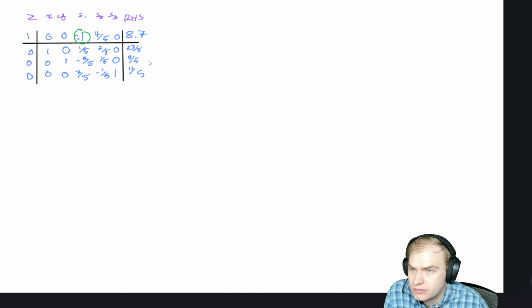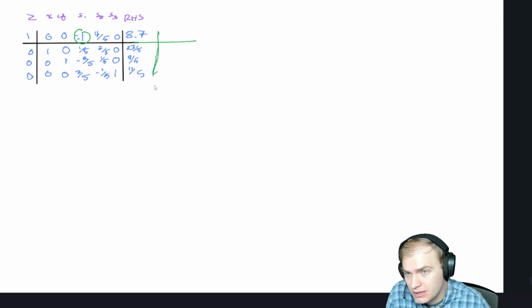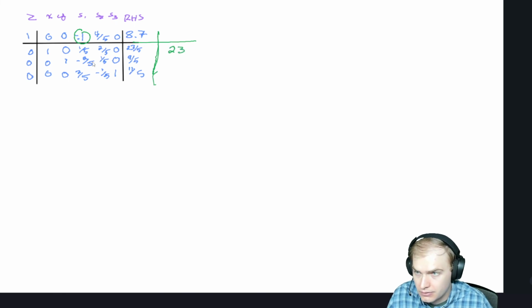So we pick the S1 column and we divide our B column by our S1 column. That's going to be 23. That's going to be negative 18.